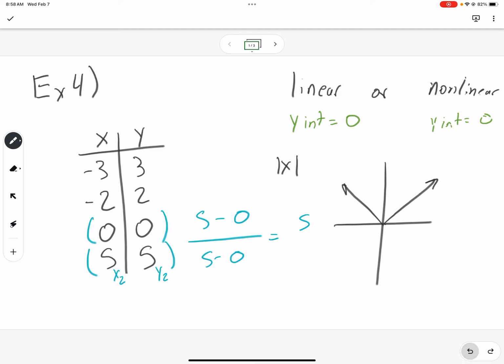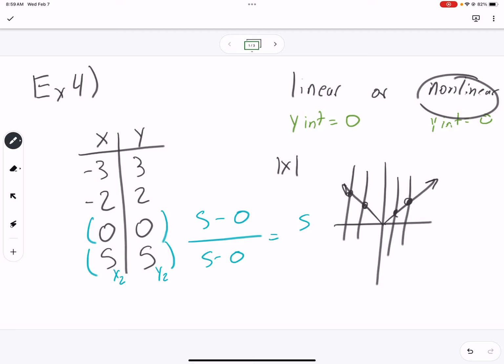But is there a constant slope across this graph? No, it's negative, and then it's positive, so the slope is not constant. This is nonlinear, but is it a function? Yes, because it passes the vertical line test. There is not a single point where I can contact the line at 2 different spots.